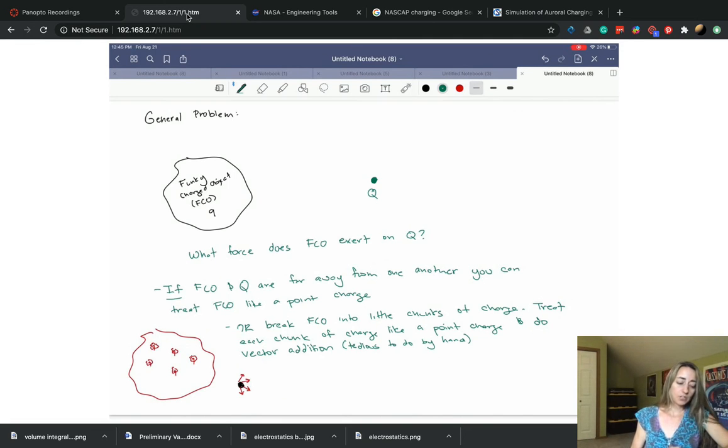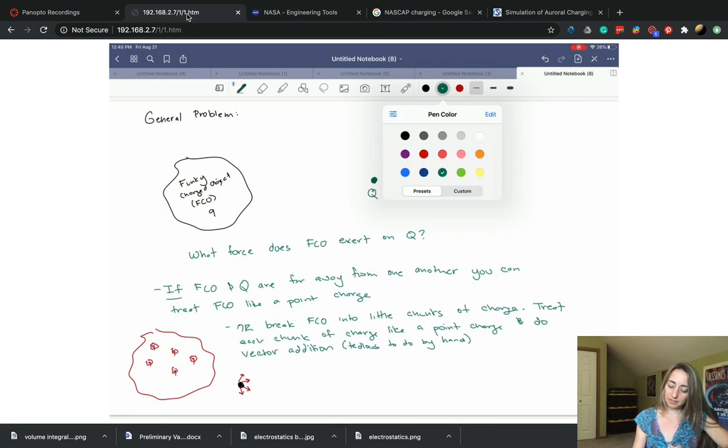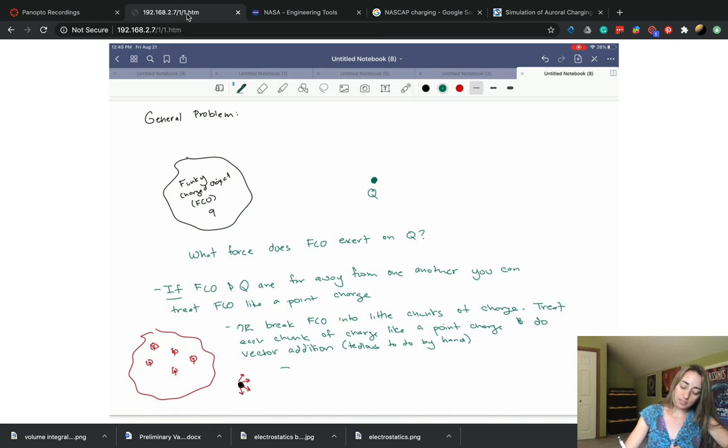So in this class, we're not going to do a lot of that kind of coding. Instead, we're going to do what the early people that derived electromagnetic theory did. They made these chunks infinitesimally small.